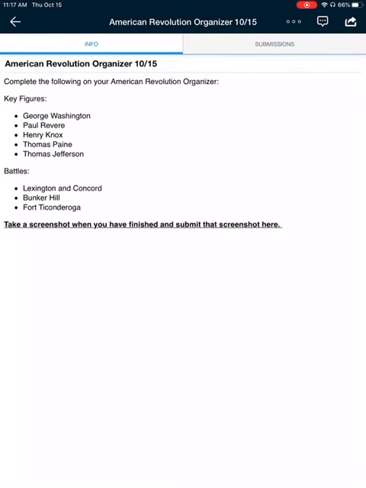Your key figures are George Washington, Paul Revere, Henry Knox, Thomas Paine, and Thomas Jefferson. George Washington, Paul Revere, and Henry Knox are found in Module 4, Lesson 2, and you'll have to go into Lesson 3 to find Thomas Paine and Thomas Jefferson. Your battles are Lexington and Concord, Bunker Hill, and Fort Ticonderoga, located in Module 4, Lesson 2.